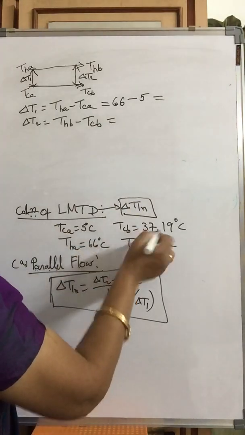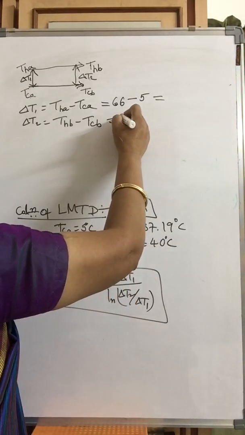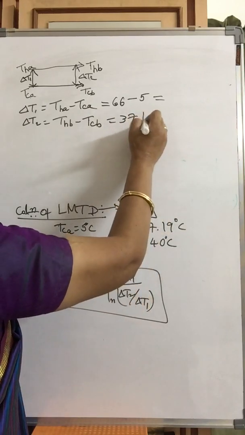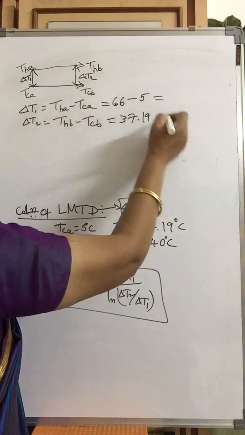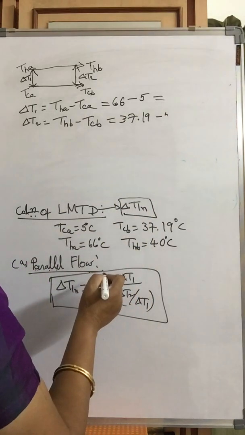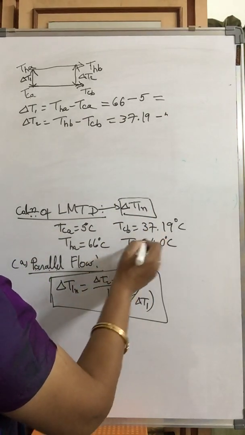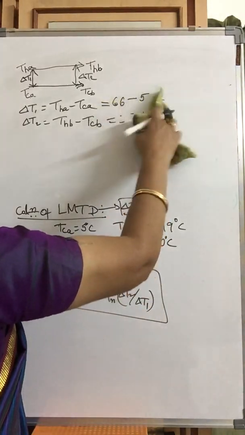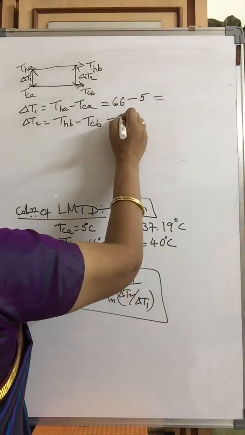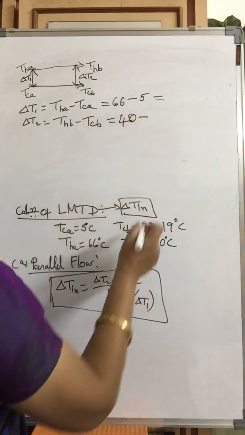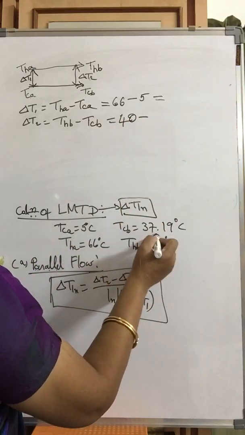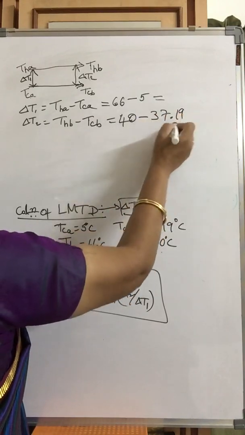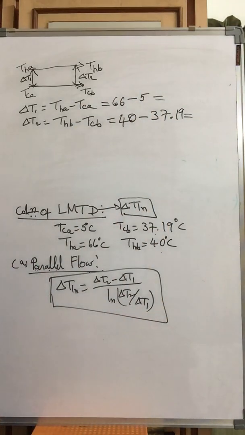And THB is 40 minus TCB, which is 37.19. So this value is how much?